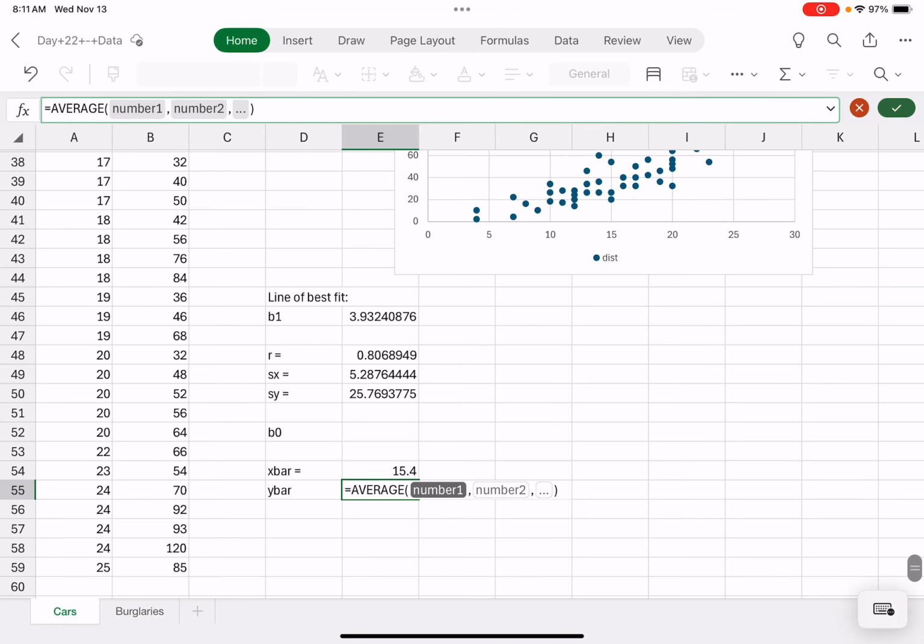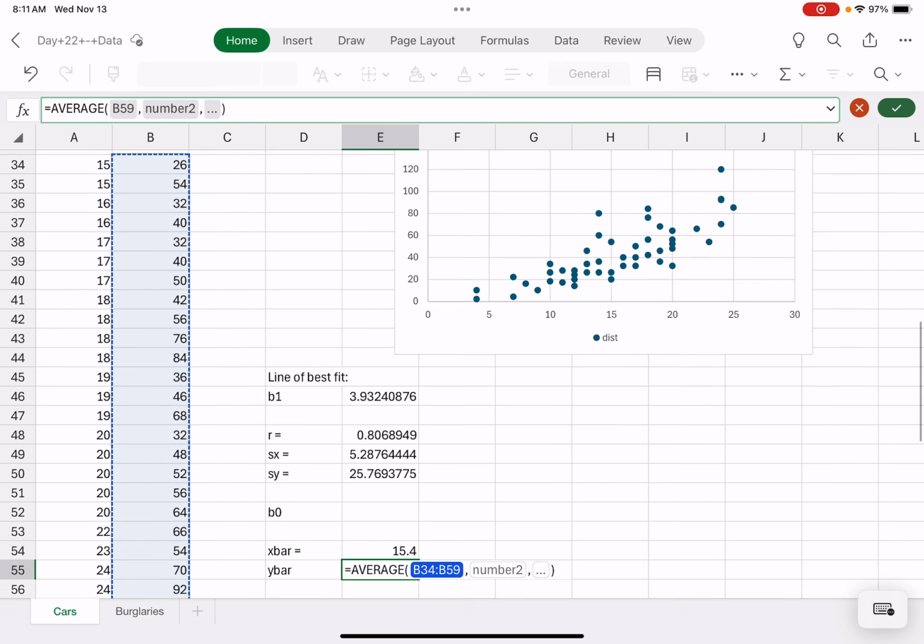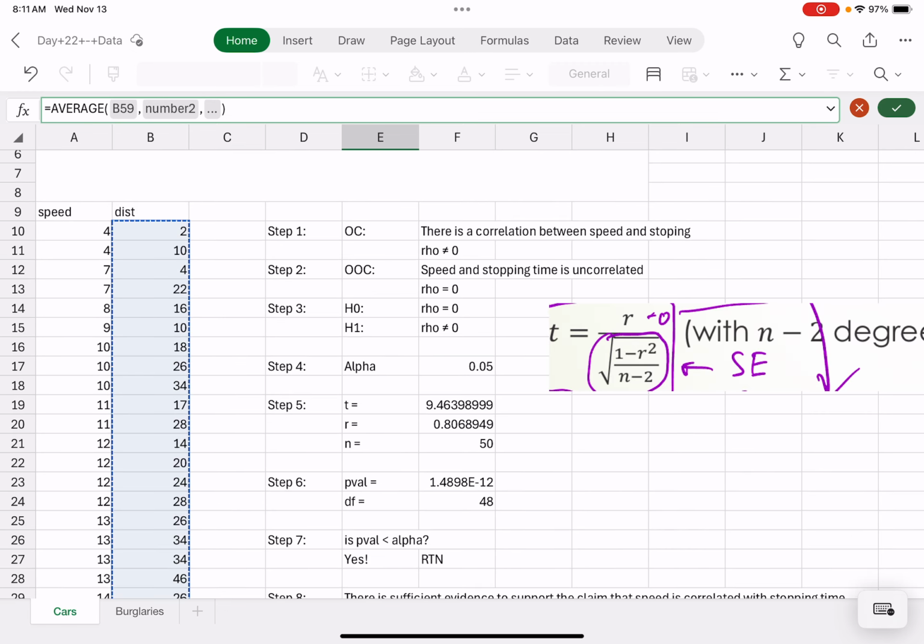And then I take the average of the stopping times.